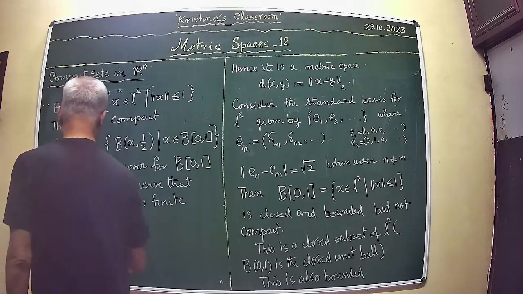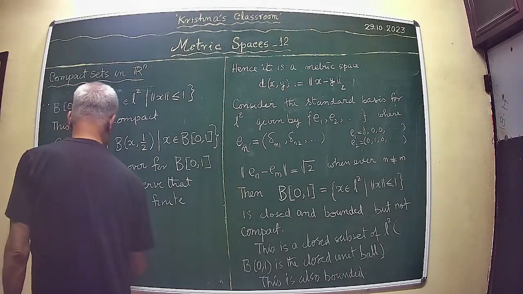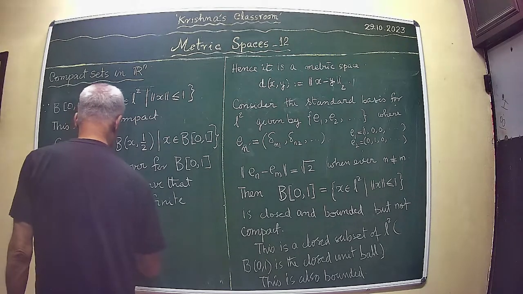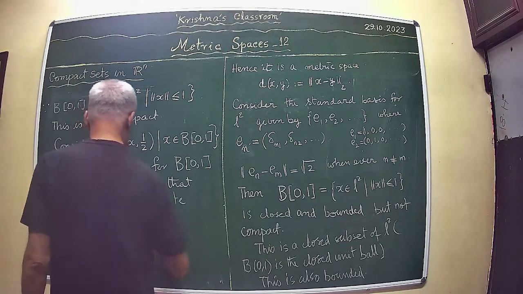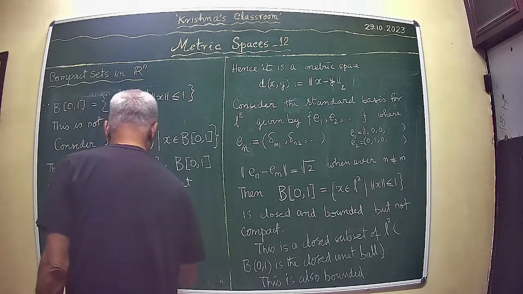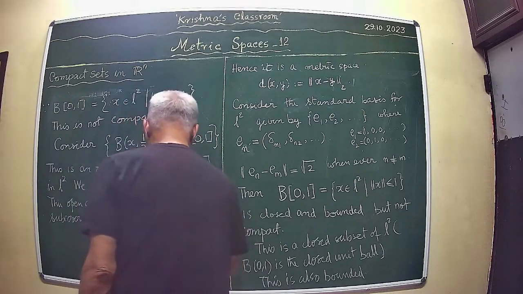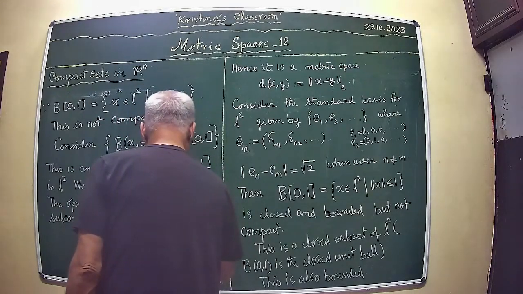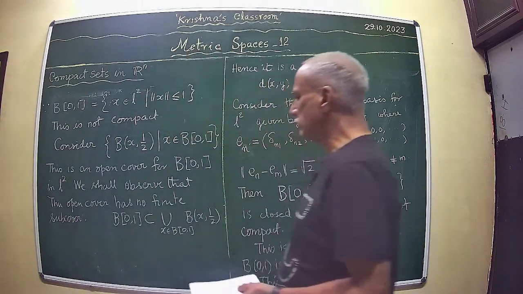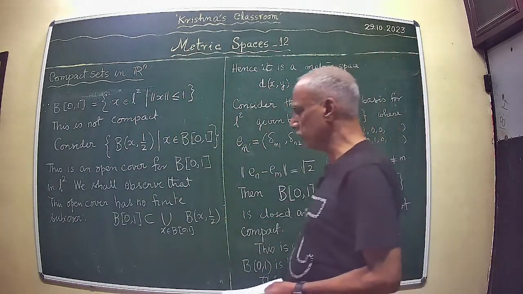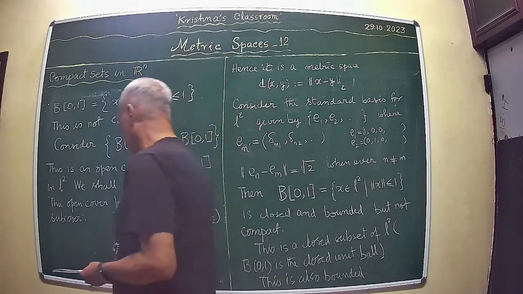That is, B is contained in the union of these balls, that is the open cover. So this has no finite subcover.